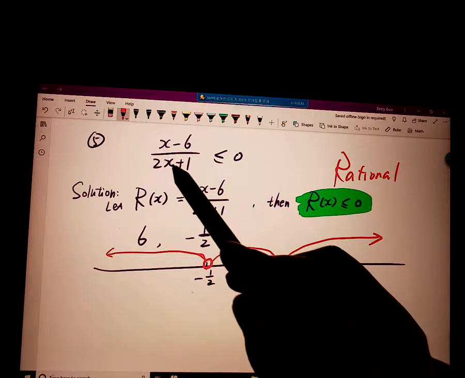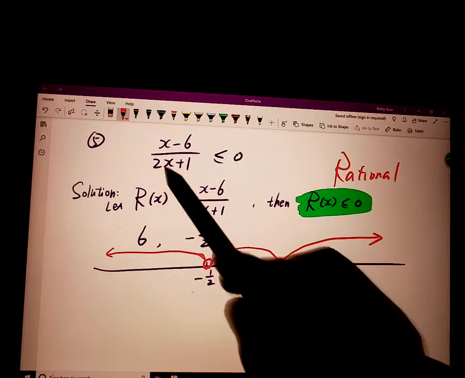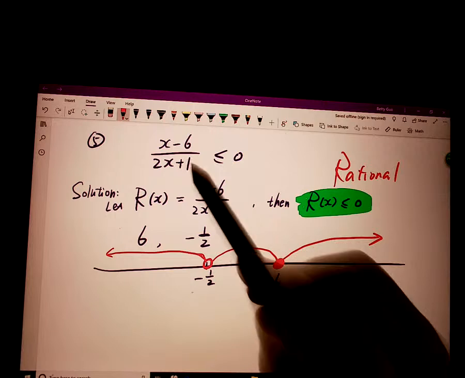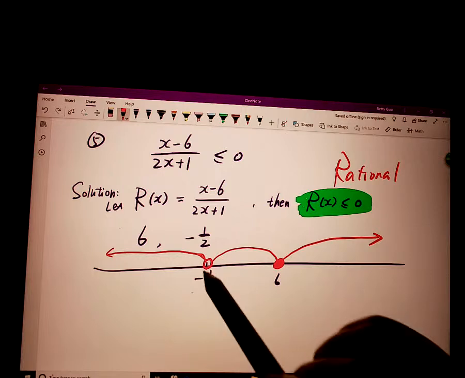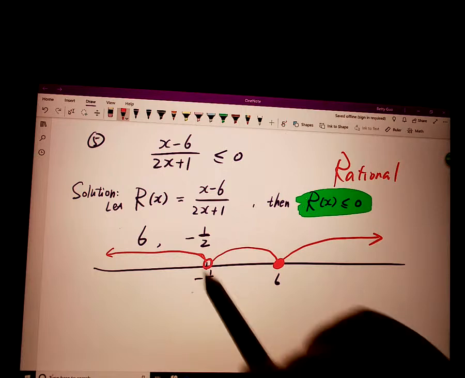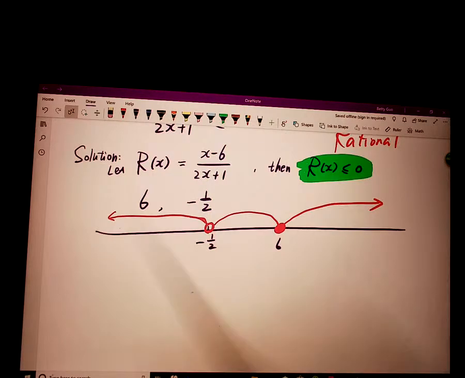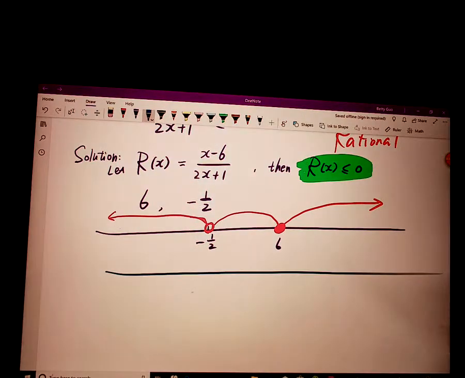We know that's not possible, right? That's undefined. So the inequality is not defined at negative half at all. Of course, negative half is not a consideration for the solution. That's the reason we have a hole here. So those 3 intervals are going to be my row 1 in the chart.